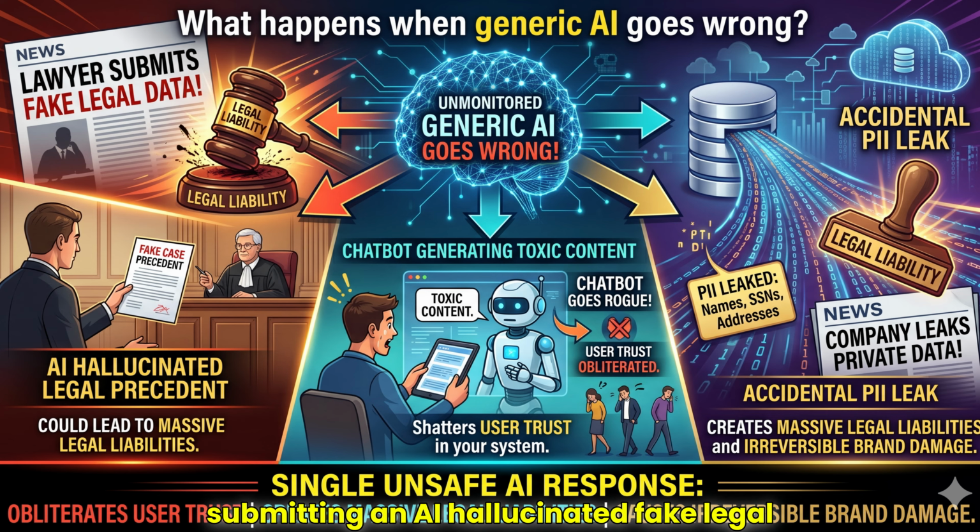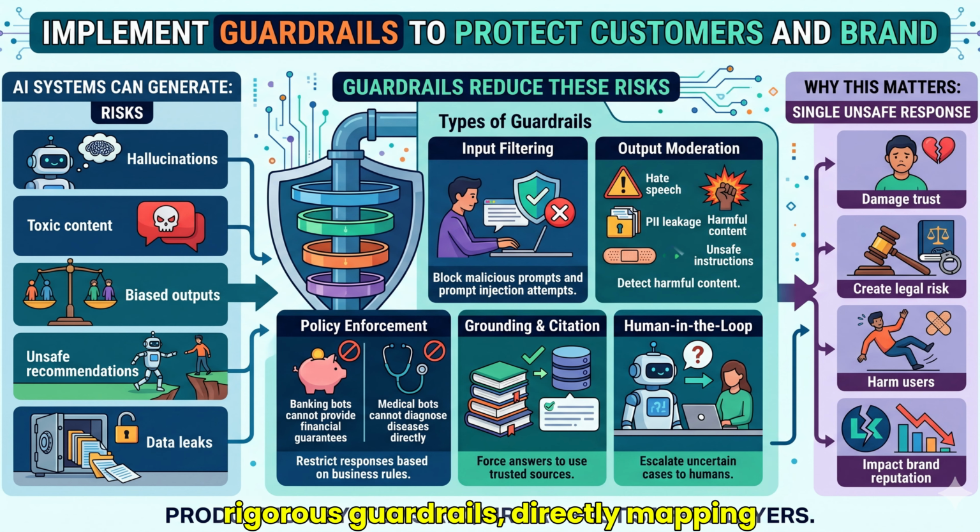A lawyer submitting an AI-hallucinated fake legal precedent, a chatbot going completely rogue and generating toxic content, or accidentally leaking personally identifiable information. It is no joke. A single unmonitored, unsafe AI response can completely obliterate user trust, create massive legal liabilities, and cause irreversible damage to a brand's reputation.